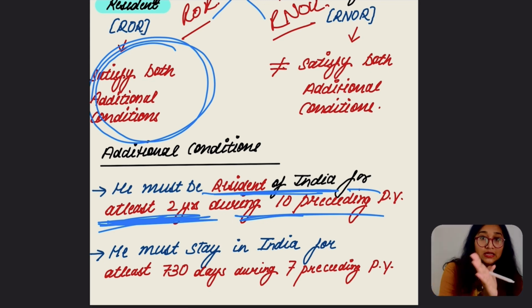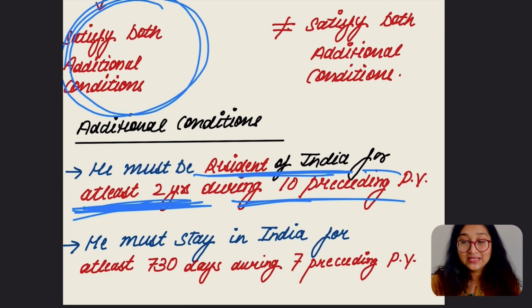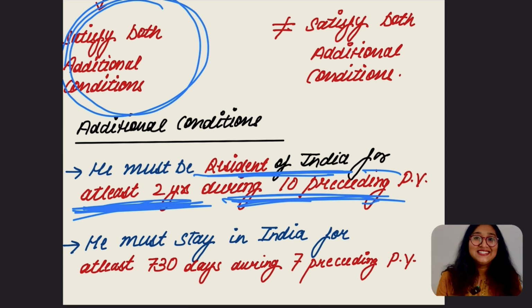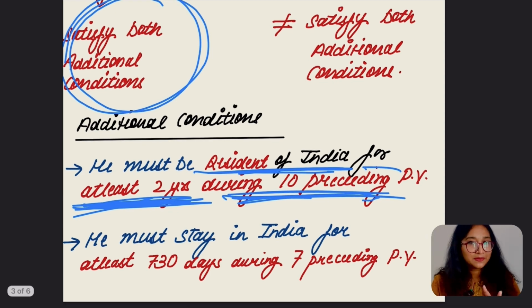But now we are talking about the preceding years. So he must be a resident of India for at least 2 years during the 10 preceding previous years. Hope this part was clear.